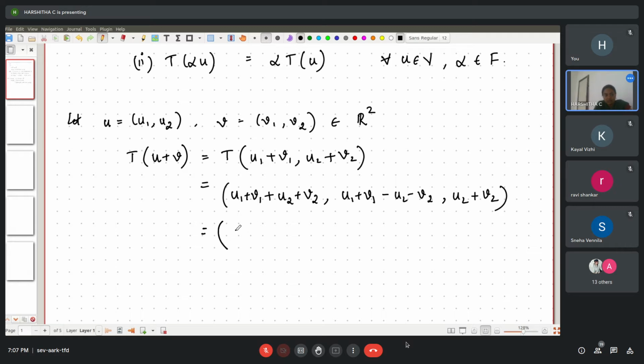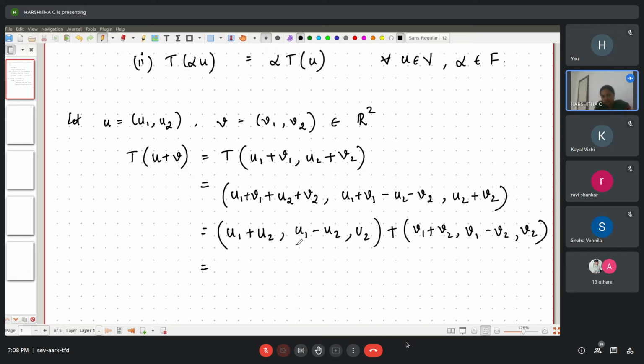So this we can write as u1 plus u2 comma u1 minus u2 comma u2, plus the v terms, v1 plus v2, v1 minus v2, v2.